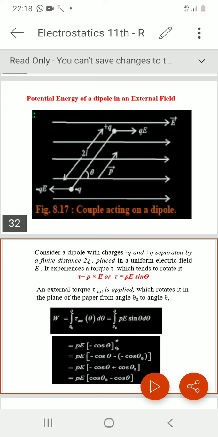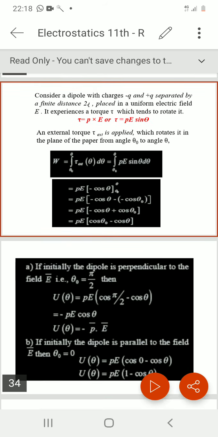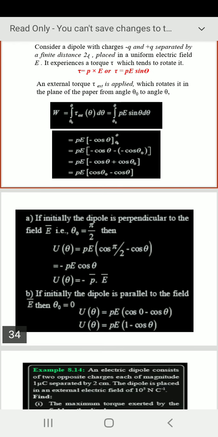Now if you solve that integration, the integration of sine theta d theta gives minus cos theta, and limits run from theta 0 to theta. Now put the upper limit first, minus the lower limit second. So we have PE inside the bracket, minus cos theta for the upper limit theta, then minus, and again inside the bracket minus cos theta theta 0 for the lower limit, bracket complete.